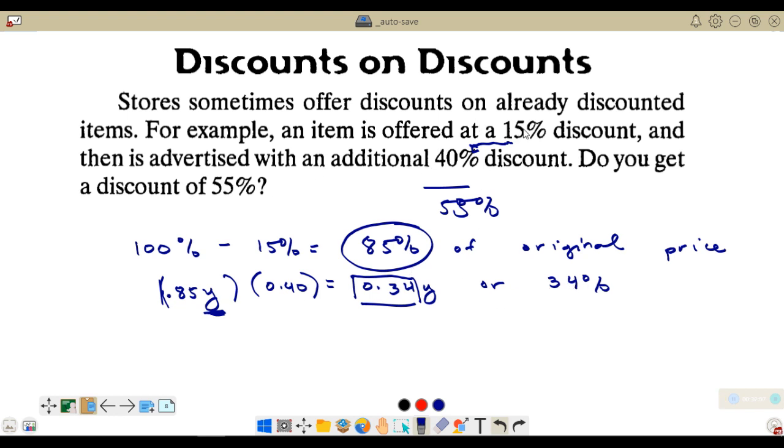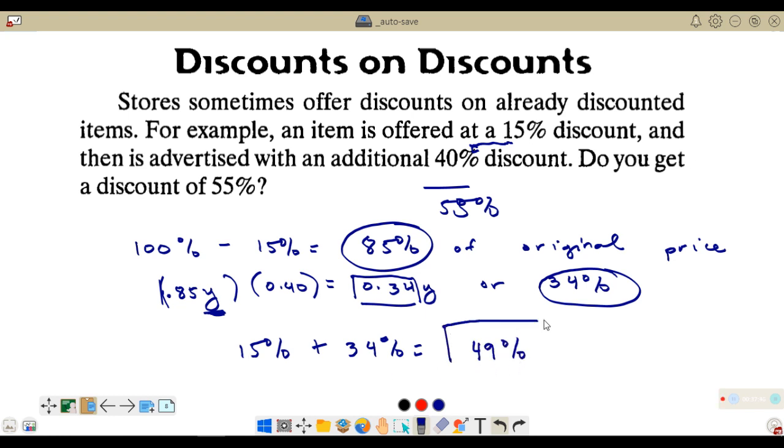So, instead of adding 15% and 40%, hindi ka talaga nag-apply ng 40% discount on the second one. Instead, nag-accumulate lang siya into 34%. So, si 15%, dinagdagan mo ulit ng 34%. Overall, you will get about 49% discount from the original price.